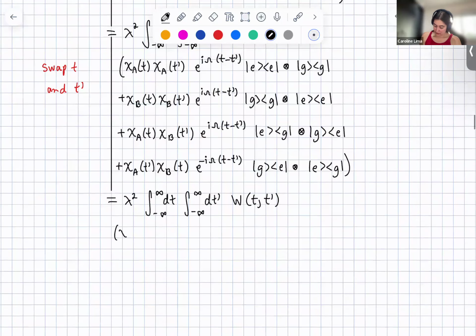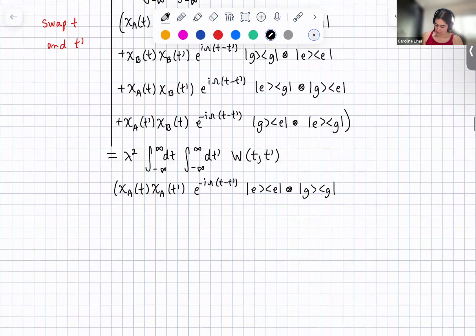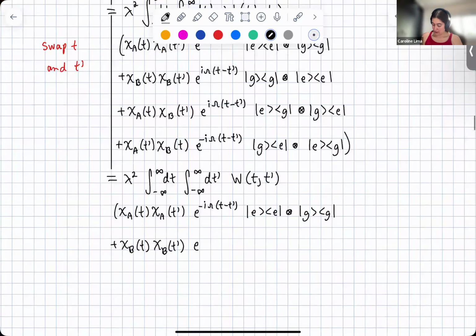So if I do that on the other terms, for the first term, the chi's don't care about that, but the exponential is going to flip sign, right? So we have minus i omega (t minus t prime), and then the rest doesn't change. Now for the other ones, same here. The chi's don't change, but we change sign here.